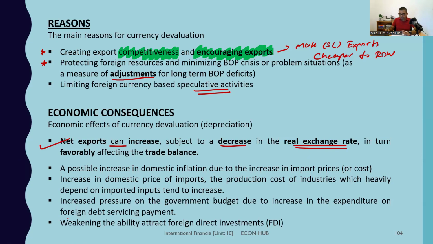Cautiously given. A possible increase in domestic inflation, an increase in the domestic price of imports, so the cost of production may increase. All these other outcomes are unavoidable, right? Weakening the ability to attract foreign direct investments because you have a weak currency, right? Is that clear?